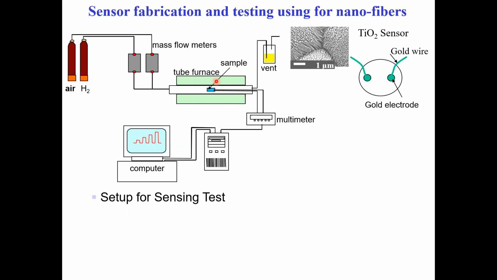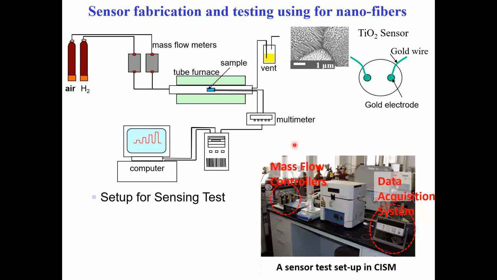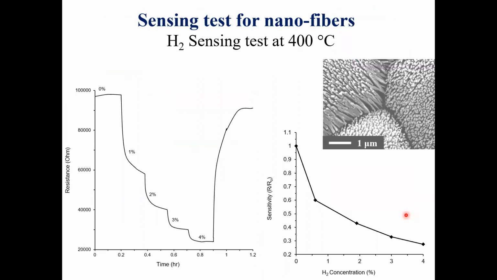So with that, then you have seen that this is really the type of facilities that we have. The sensor will be inserted inside this quartz tube in the furnace, and a gas flow will be controlled by mass flow control system, and the sensor signal is acquired by the data acquisition system that is connected to a computer.